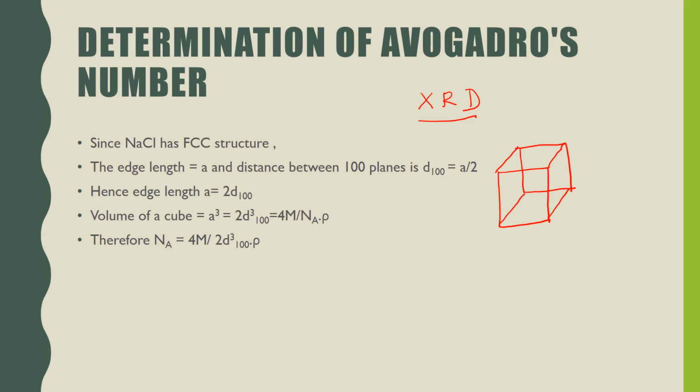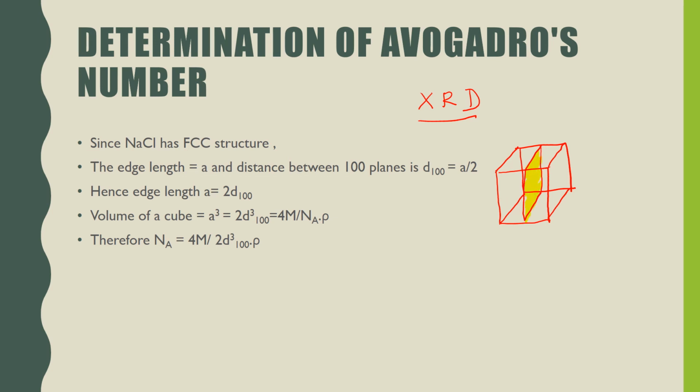In an FCC lattice, there is an additional D100 plane, like this.